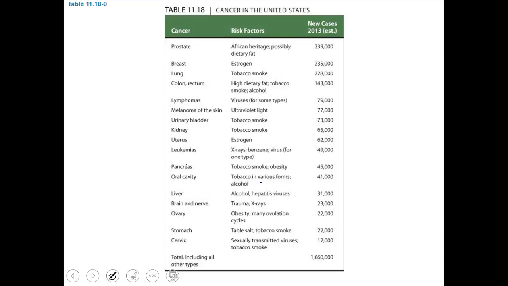So there's a lot in there. These are some possible types of cancer, kind of where they originate. And some of those risk factors, a lot of times, just stay out of the sun and don't smoke. That pretty much covers it.